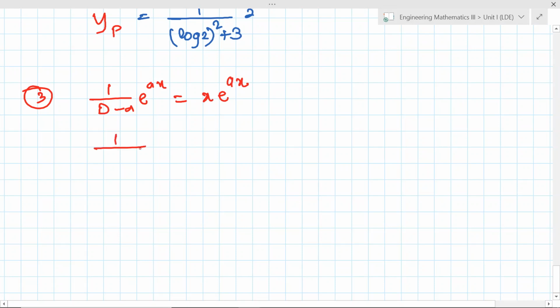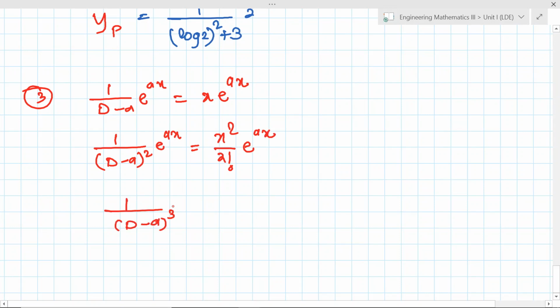If 1 upon d minus a bracket square into e raised to ax is there, what is my answer? It is x square upon 2 factorial e raised to ax. If 1 upon d minus a bracket cube e raised to ax is there, then my answer is x cube upon 3 factorial e raised to ax.